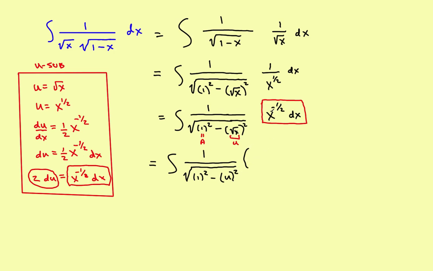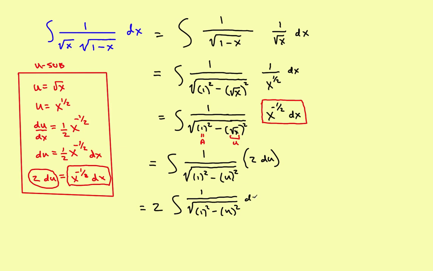And then finally, in place of this, we'll put what it's equal to, which is 2 du. Now, next step, go ahead and bring that 2 out in front. So that's going to give you 2 times the integral of 1 over square root of 1 squared minus u squared du.